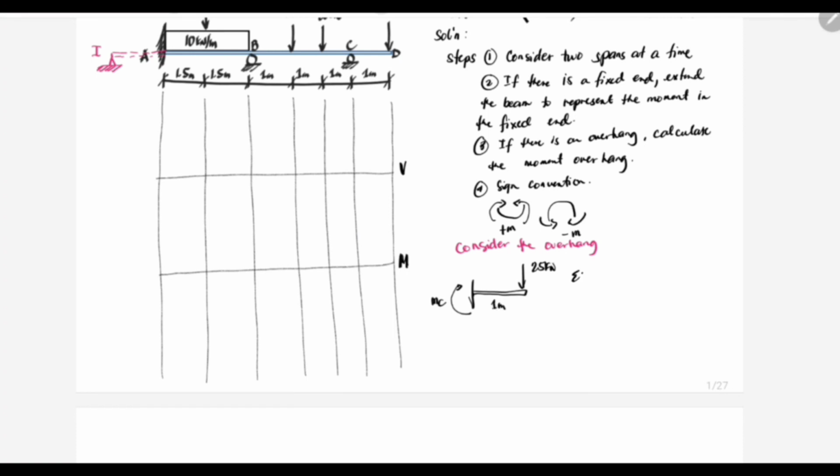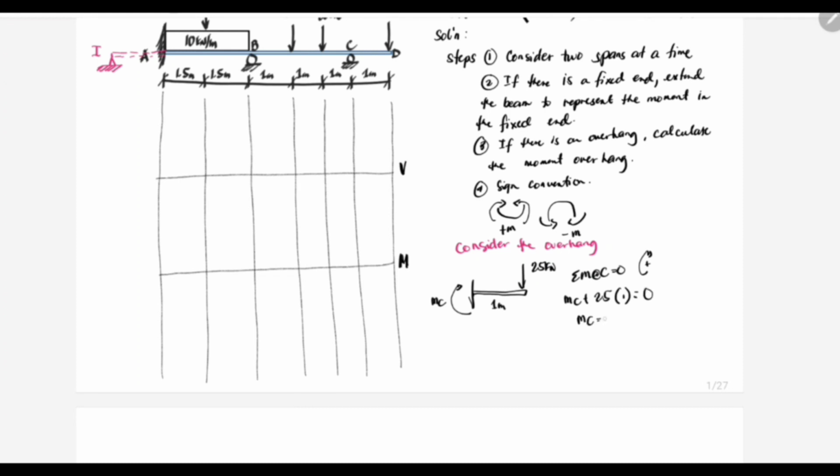To determine C, summation of moment at C is equivalent to 0. Clockwise should be positive. So, we have MC plus 25, okay, lagay natin dito baka mamaya ma-disregard nyo kasi yung 1. So, i-consider natin yung 1. 25 multiplied by 1 kasi ito po yung distance niya. Should be equivalent to 0.